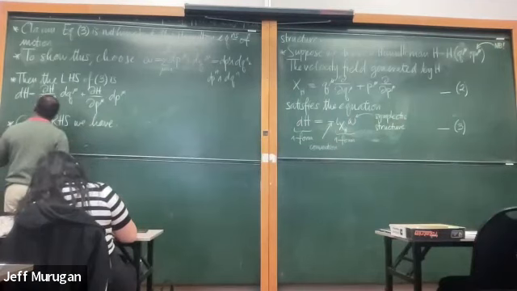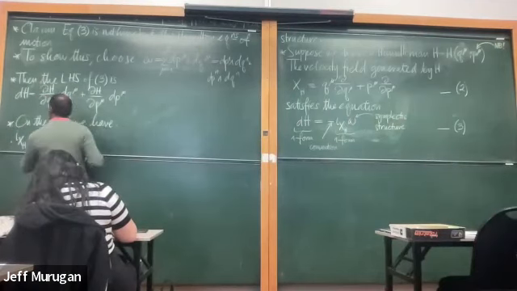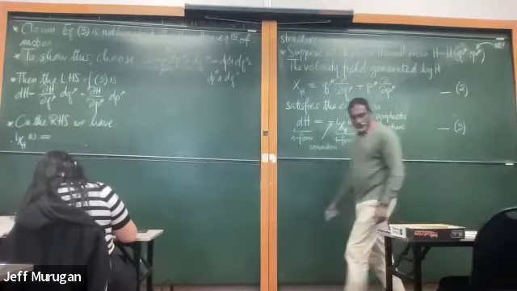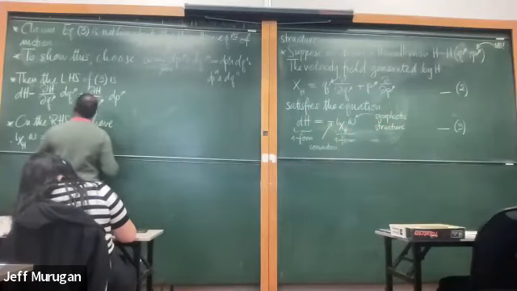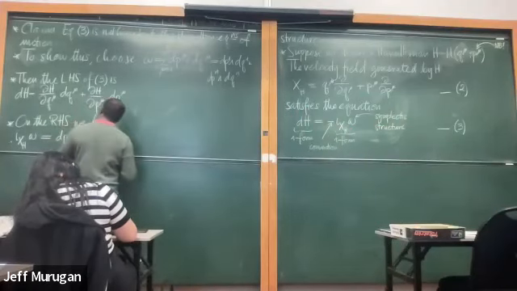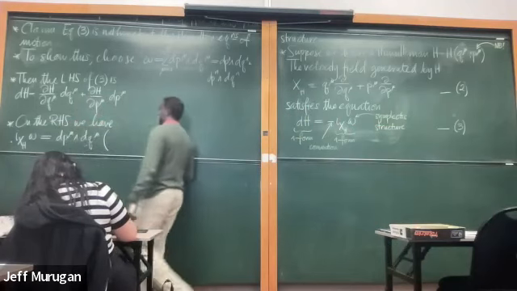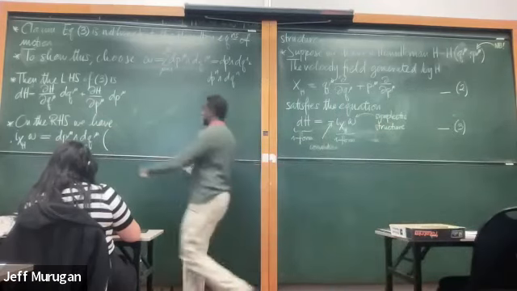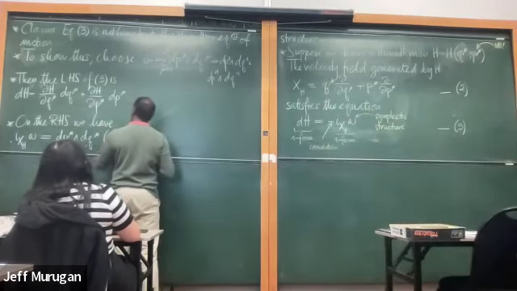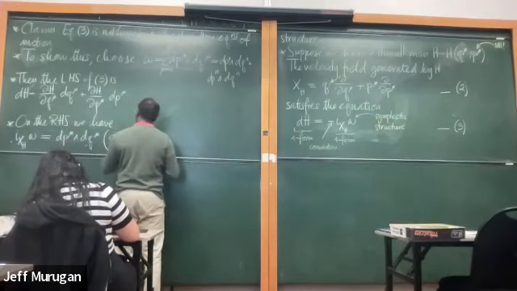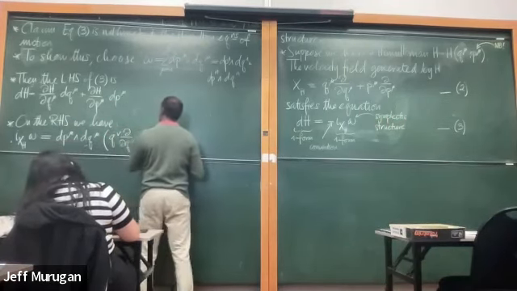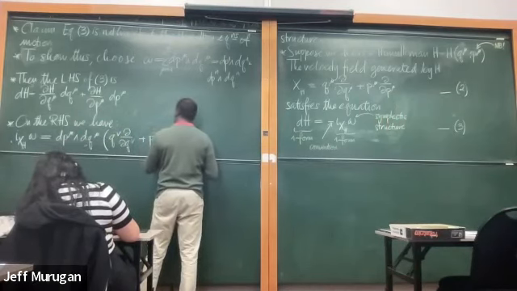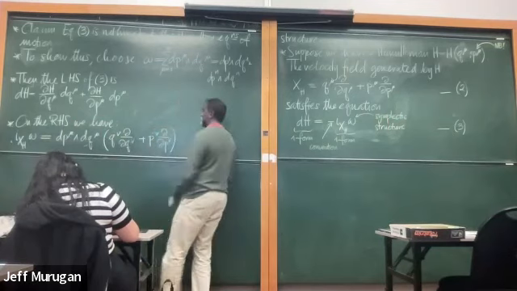The interior product of omega with respect to the velocity vector field is dp mu wedge dq mu, the two form omega, acting on the vector field q mu dot d by dq mu plus p mu dot d by dp mu.